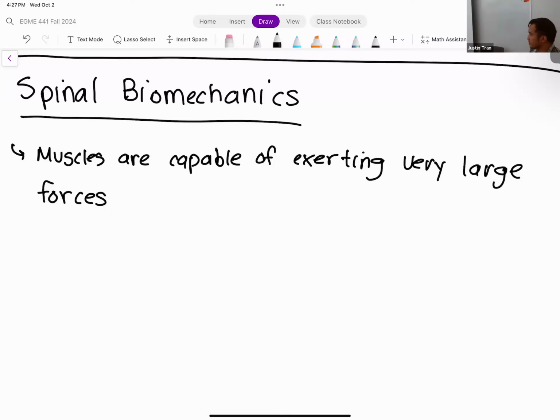Okay. And a lot of times that's needed because, if you remember, the moment arm for a lot of these muscles is very small, right? So they attach very close to the joints which they act upon. And so if you have any kind of external force that has a much larger moment arm, in order to balance that out, your muscles have to exert a very large force. Okay?